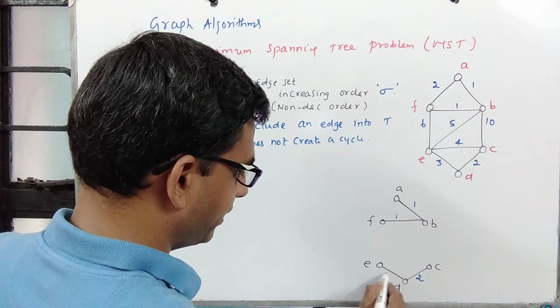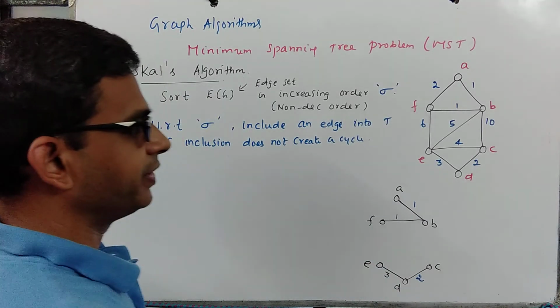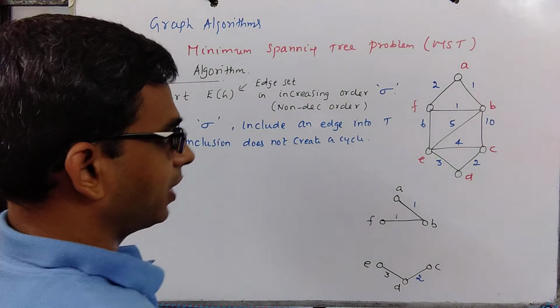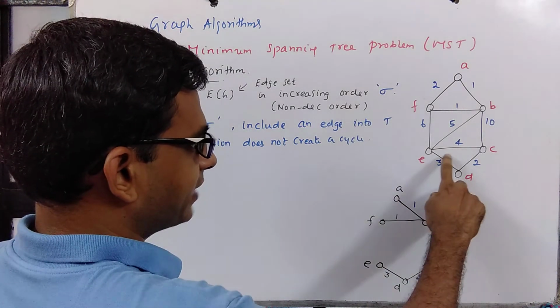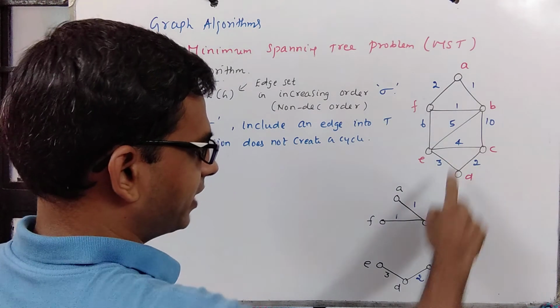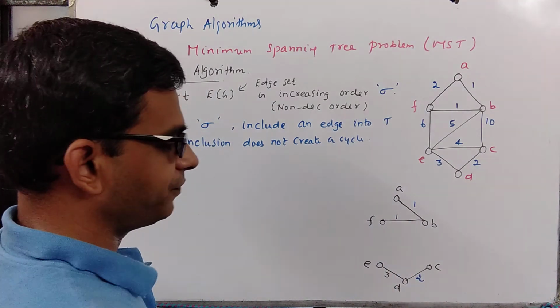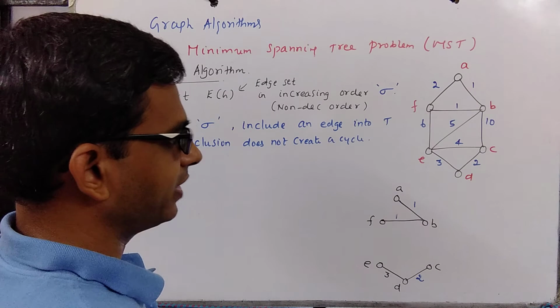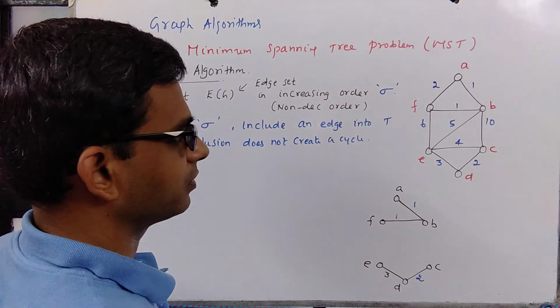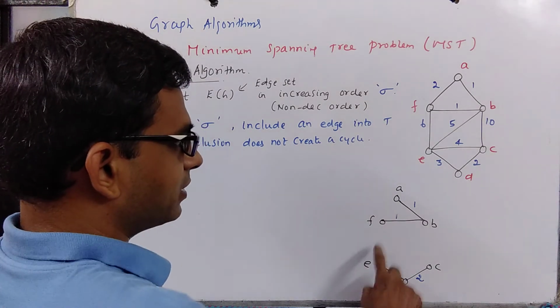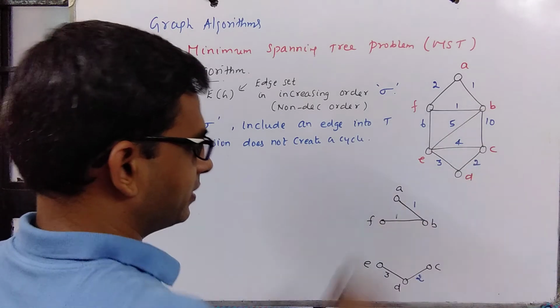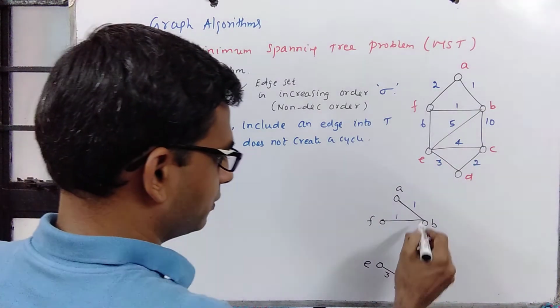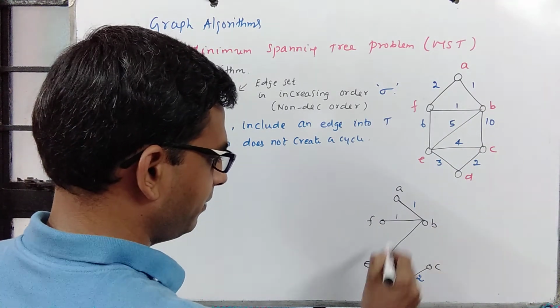So include DE. With respect to the ordering, next edge is EC, but inclusion of EC creates a cycle, so we don't. Next, with respect to the ordering, it is EB, so we include EB.